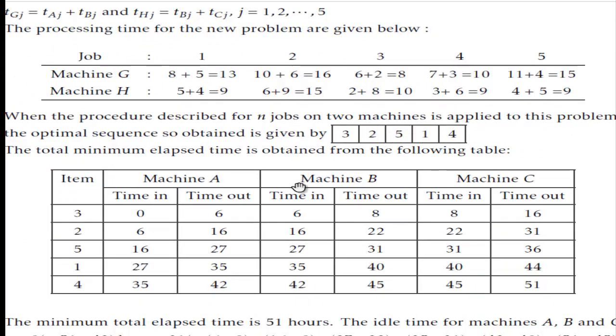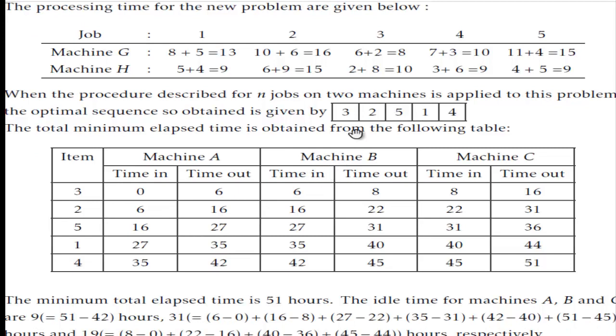I can calculate its time. I have to assign first the third job, which has 8 units of time on machine G and 10 units of time on machine H. But sorry, I got the optimum sequence now. Now this is to be applied on all the 3 machines.